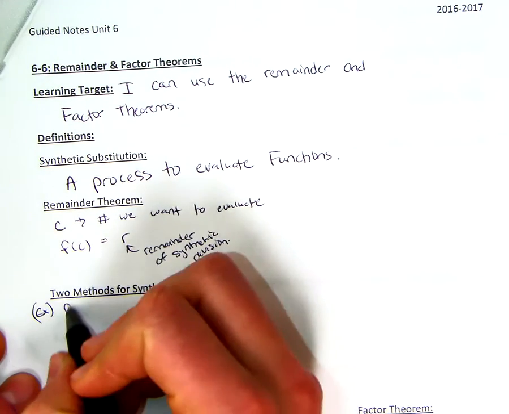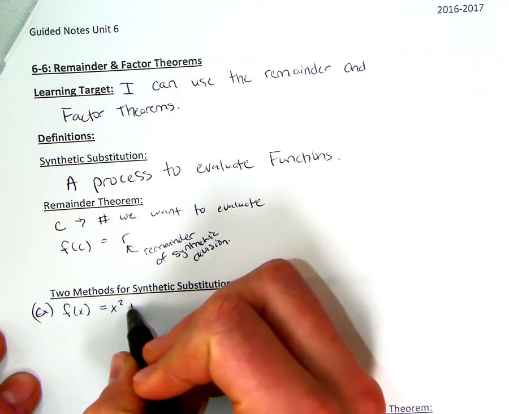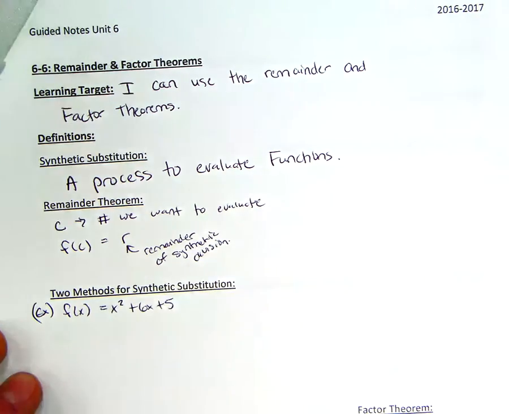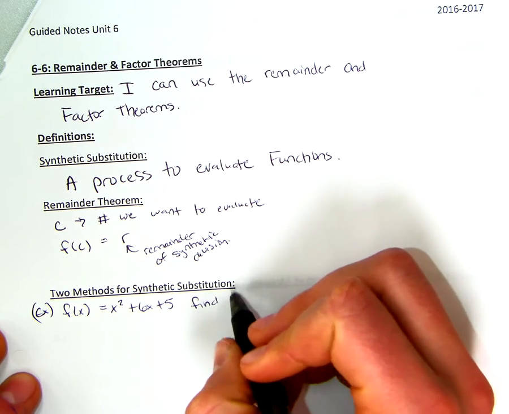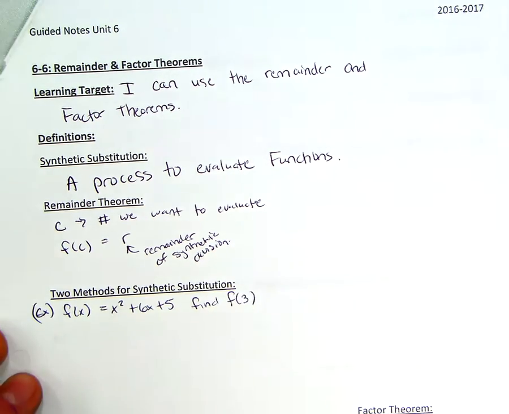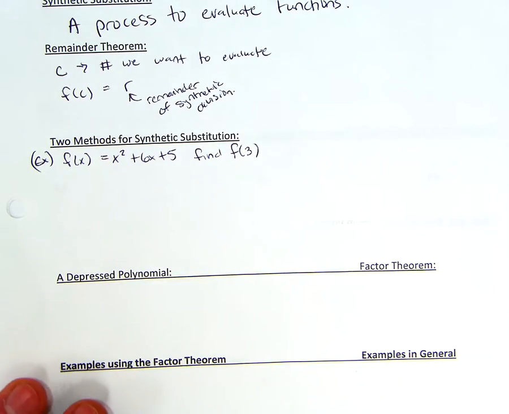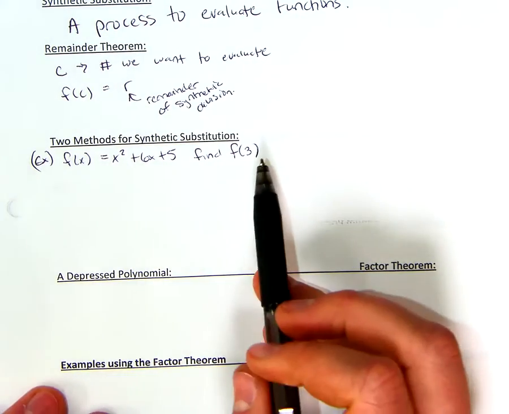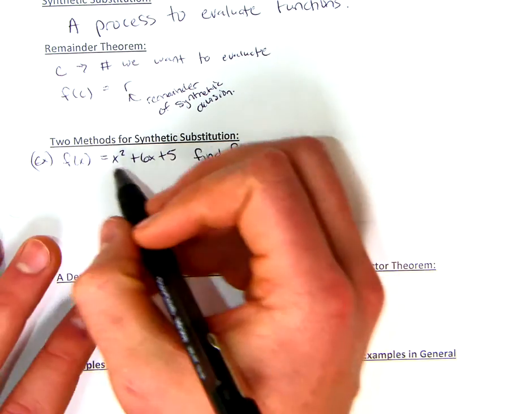First example, f of x equals x squared plus 6x plus 5. And I want to find when x is 3, so f of 3. That is my goal. So I'll just move the paper up. My goal is to find when x is 3, basically what is f of x or what is y.